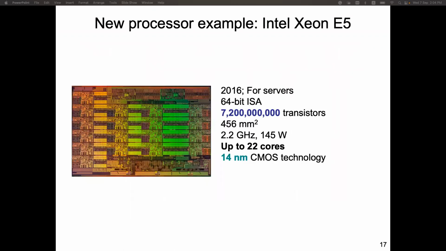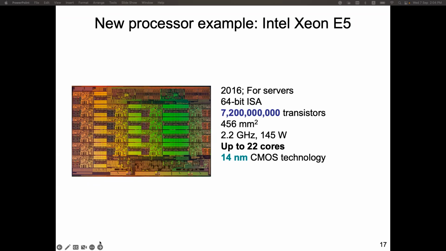Here are a few examples of new processors. This is Intel's Xeon E5 generation processor, introduced to the market in 2016 for servers. 64-bit ISA, contains 7.2 billion transistors. The size of the chip is about 500 millimeters squared.